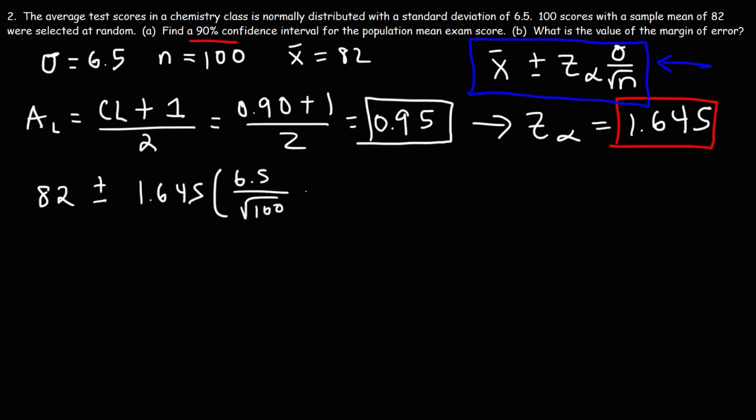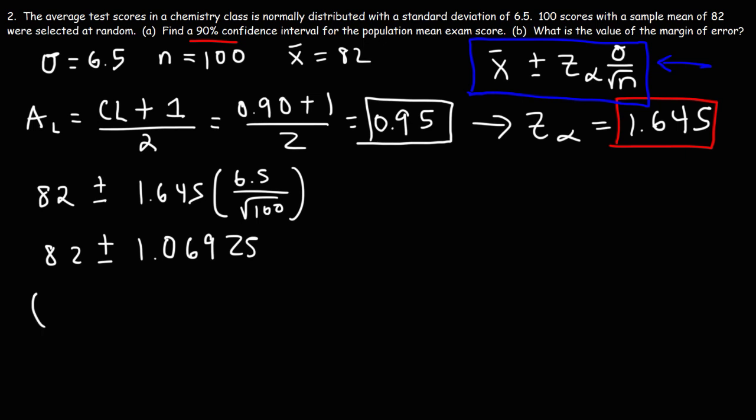The square root of 100 is 10. So it's 6.5 divided by 10 times 1.645. So this gives us 82 plus or minus 1.06925.